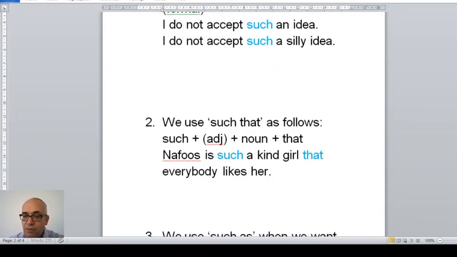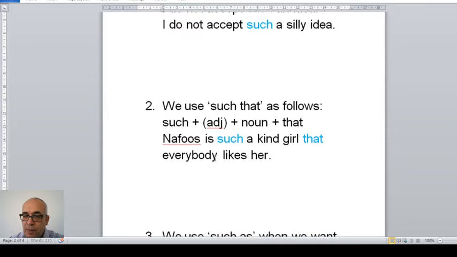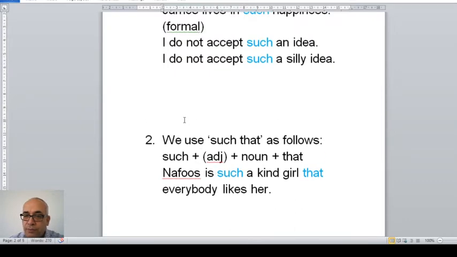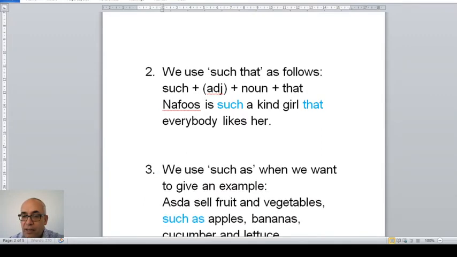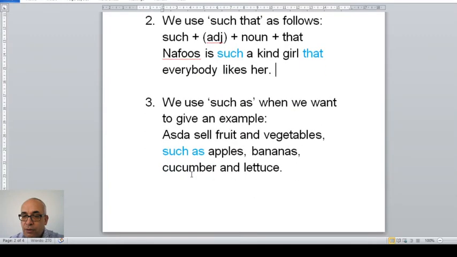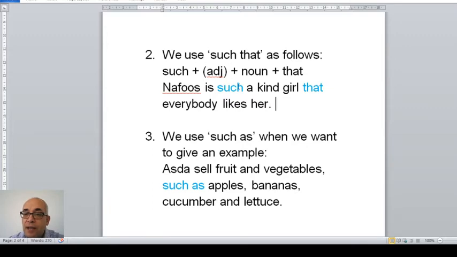Number 2, we use such that, as follows. Such plus an adjective plus a noun plus that.